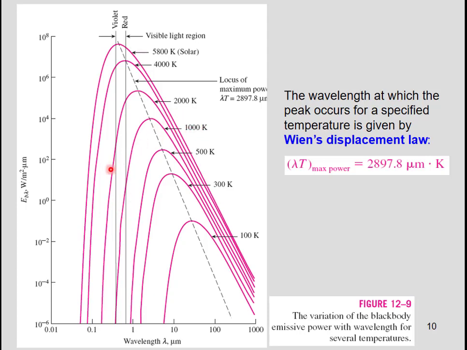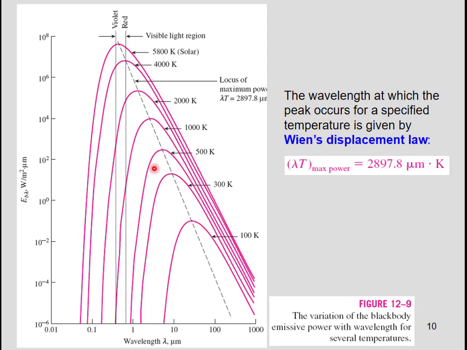They can produce some kind of light actually, but if the temperature is less than 800, it doesn't fall into the visible light region. So we cannot see any radiation from an object with a temperature less than 800 Kelvin.